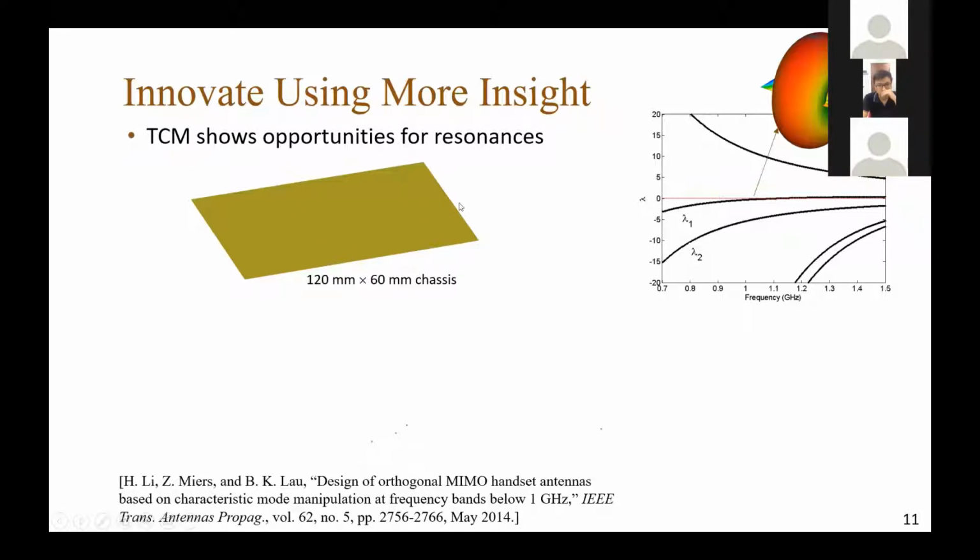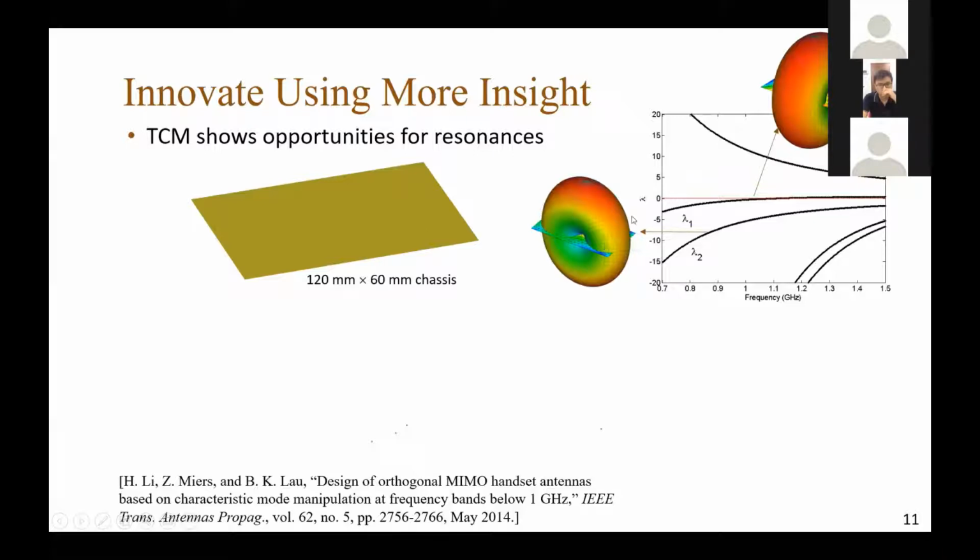Now, TCM shows us opportunities for resonances that we know. For the smooth mode, this is a dipole along the length of the chassis. And if we notice the region of interest, there is another mode nearby. It's a capacitive mode, which is a dipole along the width of the chassis.